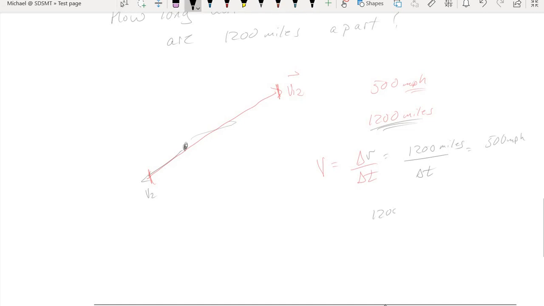So we can just switch around the 1,200, the 500, and the delta t, and now we have our answer. It's going to take approximately 2.4 hours for these planes to pull away from each other a distance of 1,200 miles.